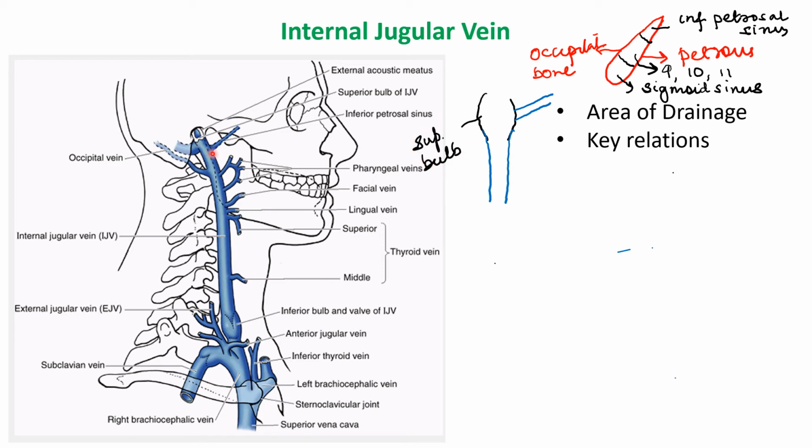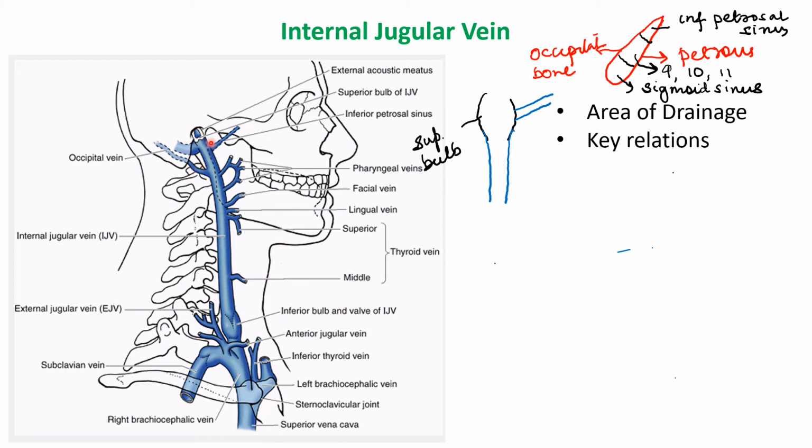And in this dilatation enters the first tributary, which is the inferior petrosal sinus. Thereafter, the vein exits, as you know, in the carotid sheath. It is present in the carotid sheath. So we know that the vein is present laterally, the arterial system is present medially, and the nerve, that is the vagus, is present in between them.